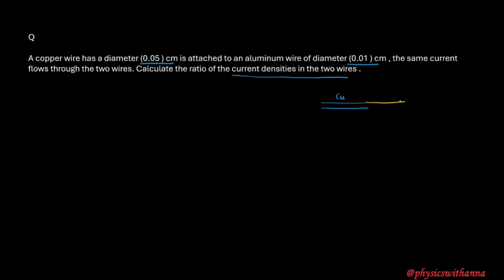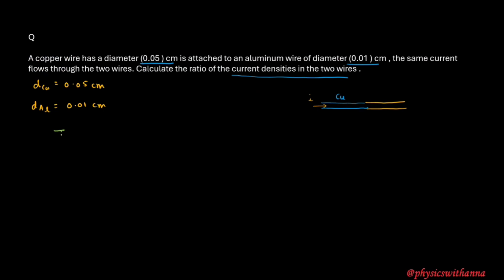The other one is made up of aluminum. They are both attached together. The same current I flows through them. We need to find the ratio of their current density, given the diameter of the copper wire is 0.05 centimeter and the diameter of the aluminum wire is 0.01 centimeter.